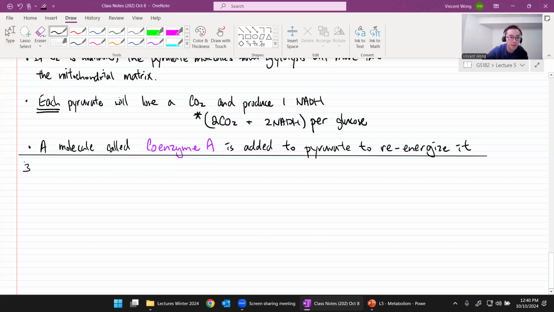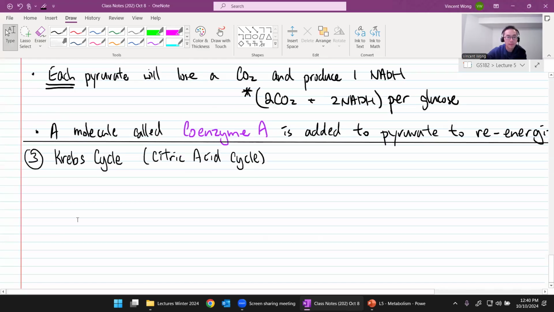Okay, so step number 3 is called the Krebs cycle, okay, which also is called the citric acid cycle. All right, so a couple of things happen here.